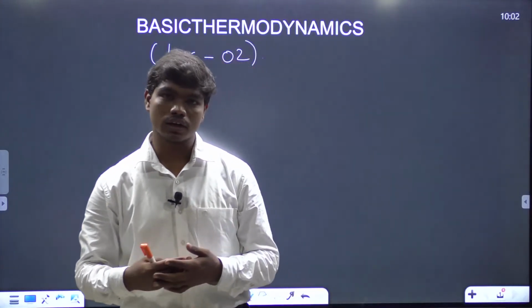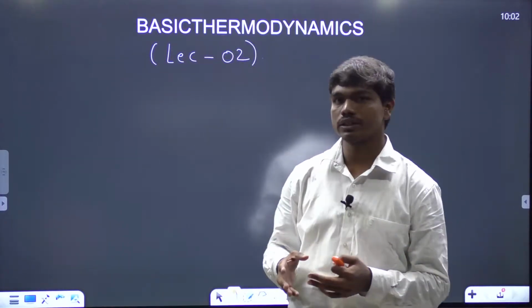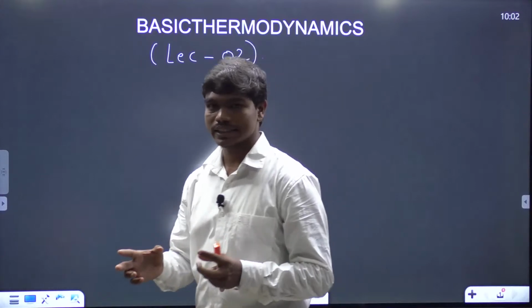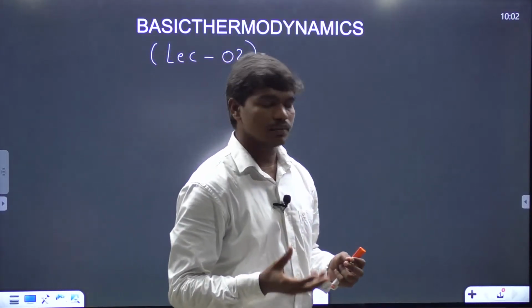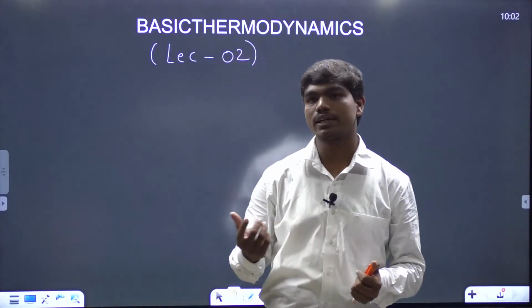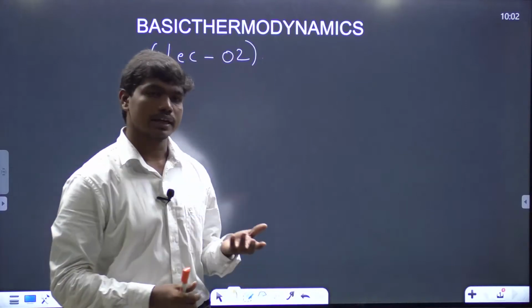After that, we discussed some properties and classified the properties of a system into two types: extensive properties and intensive properties. Extensive properties depend on the extent of the system, and intensive properties do not depend on the extent of the system.